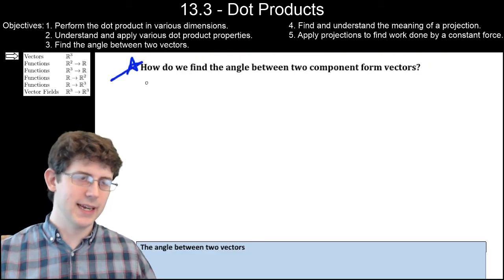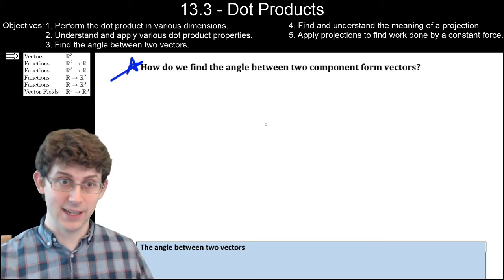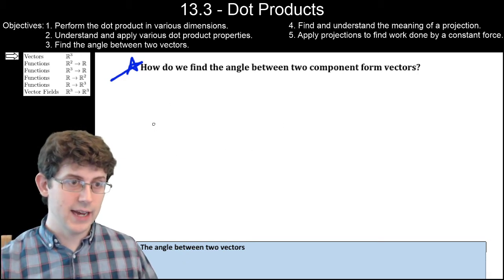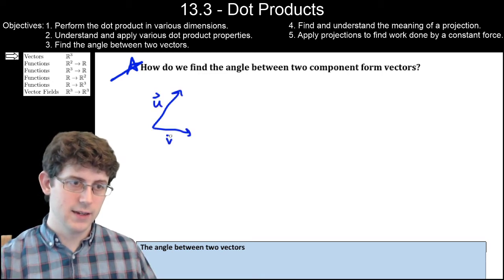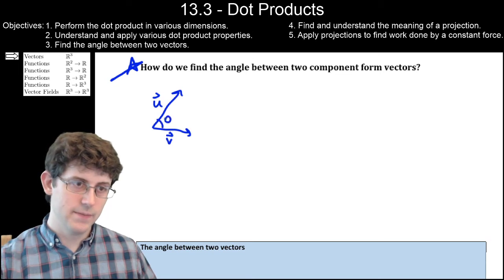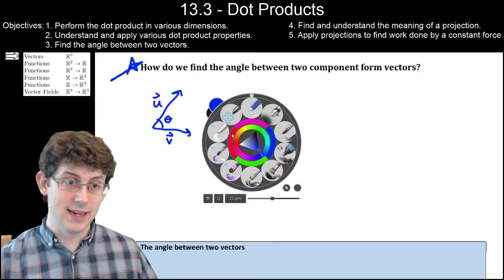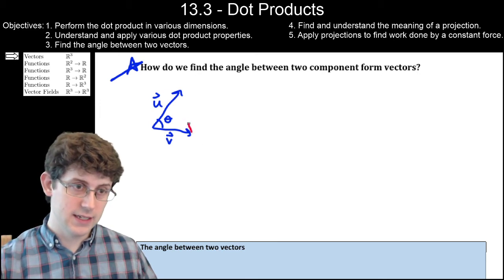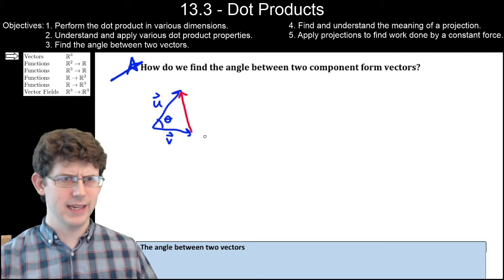Let's do our first big application of why we care about the dot product. It's really good at finding angles. So let's say you have 2 vectors, u and, I don't know, v going this way, and you want to find this angle. To find the angle, we're going to want to use some trigonometry. So I want this vector as part of my world. How do we get here?